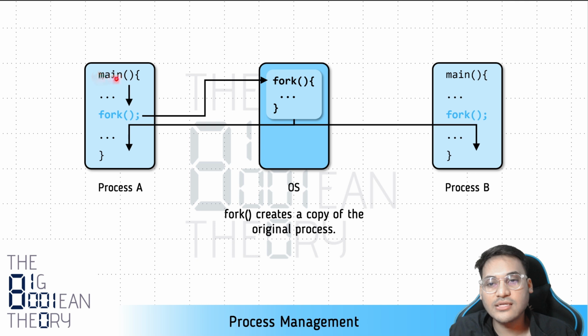The flow goes something like this. The process starts the execution from the main, then it hits the fork system call. When we invoke the system call, the control is transferred to the fork routine inside the operating system. The fork routine creates a new process, that is process B, which is a copy of process A. It's an almost exact copy, except for a few minor fields like the process ID.